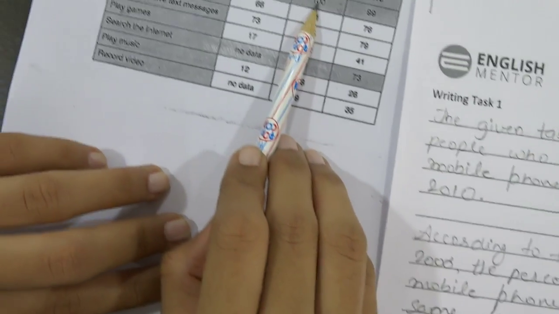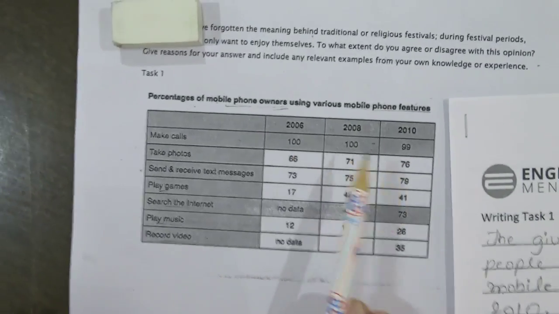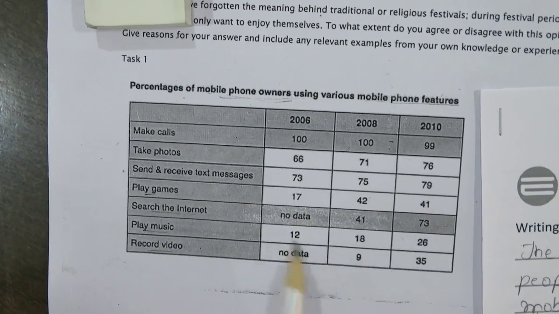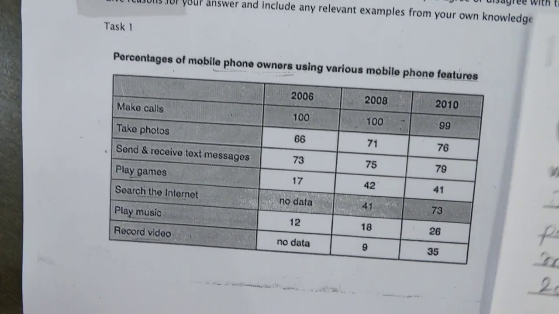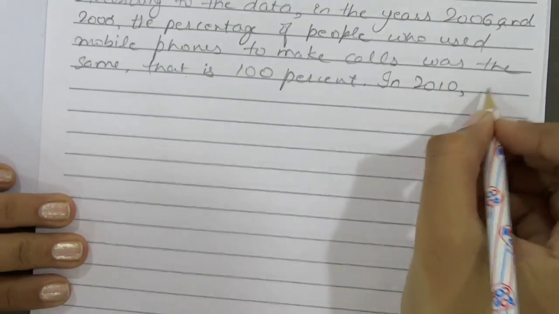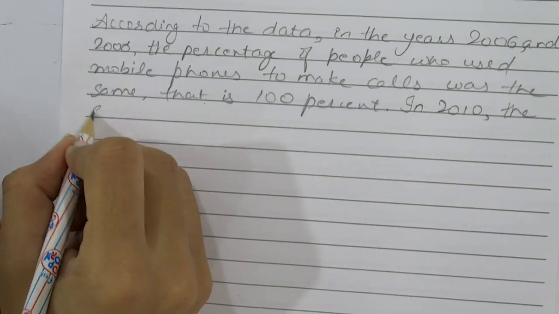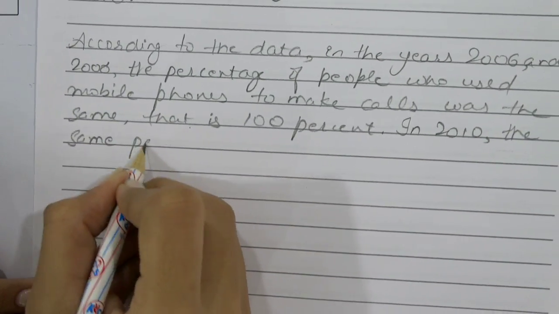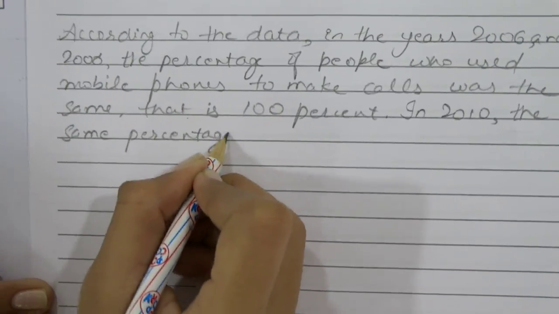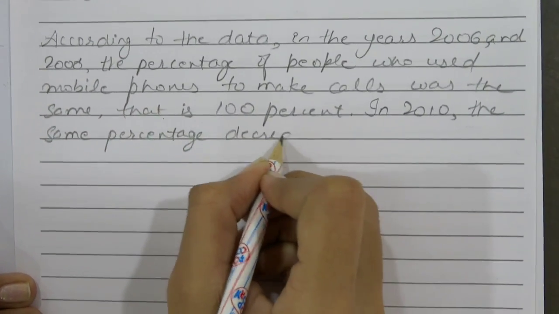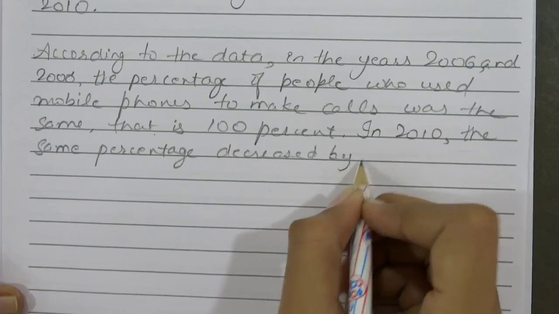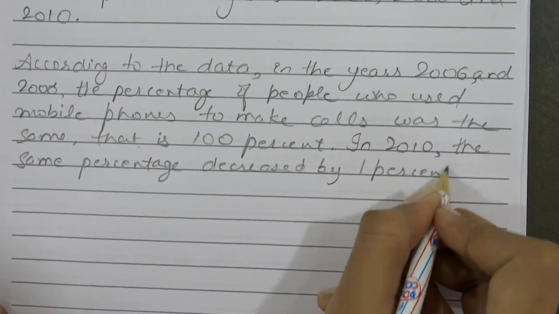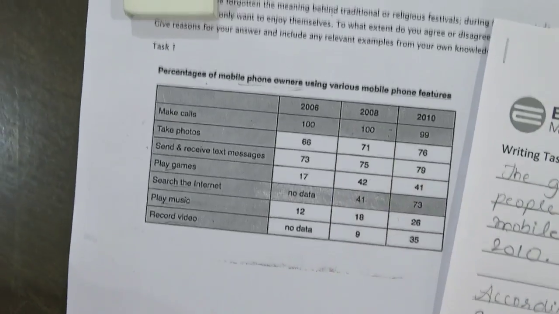Now you can see we have clubbed these two data together so as to save time and space, as we have a lot of digits here. Now in 2010, the same percentage decreased by 1%. That is all for the first row.